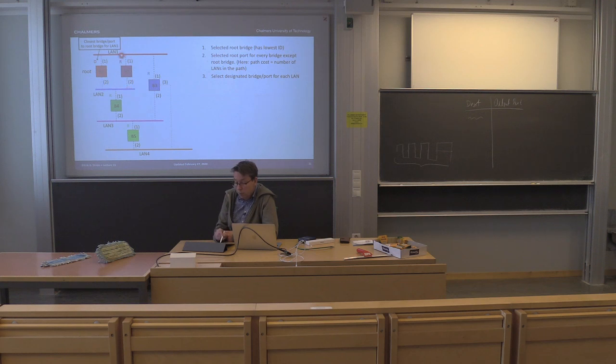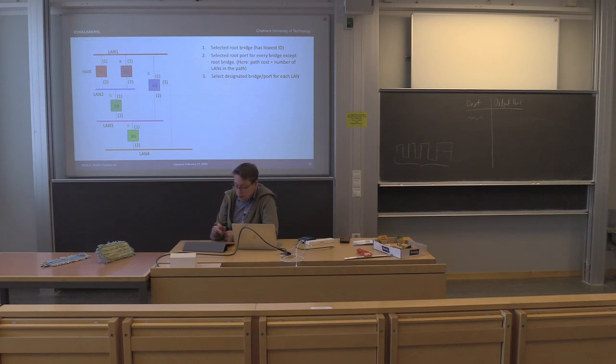Going here would be just wasteful. So for LAN 2, what is the designated bridge? Well, it's the root bridge, because you want to reach the root bridge as quickly as possible. So it's going to be this one. Okay. Now let's see which one is the next.